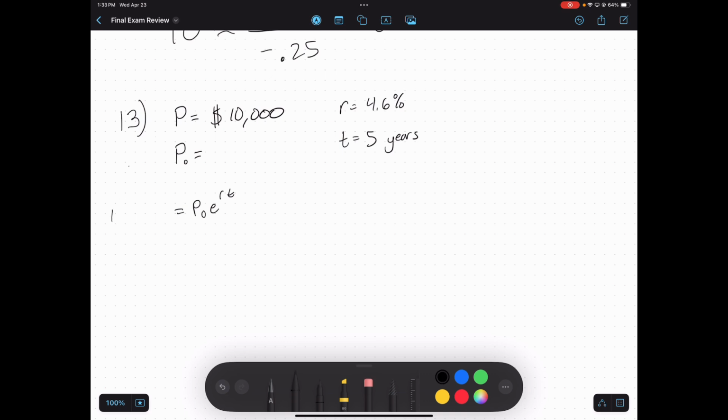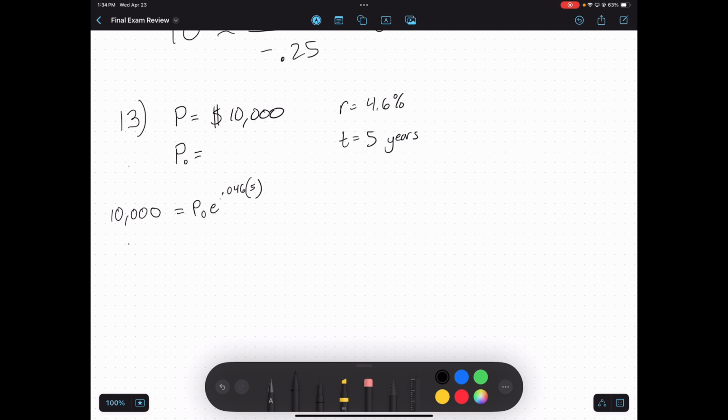So I'm going to have that 10,000 just over here, and then we're solving for P naught, that initial value. And so I'll just replace these up here. My rate is 0.046 and my time is 5.